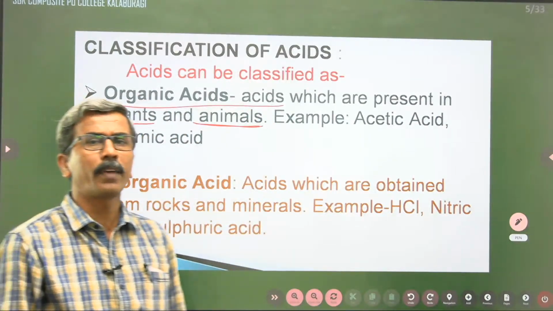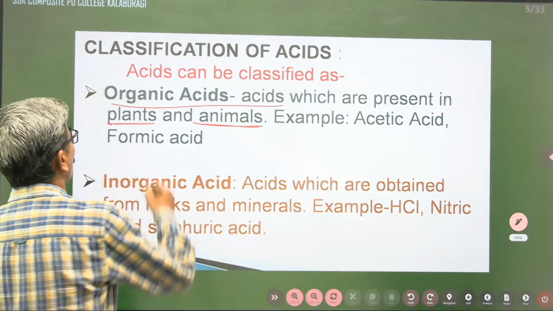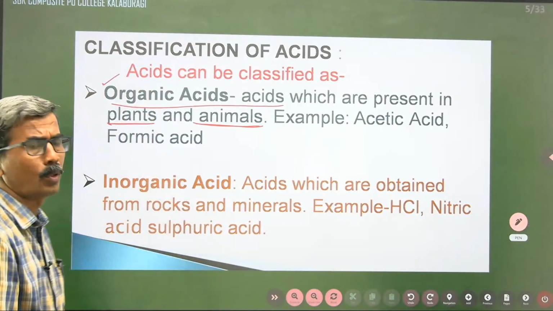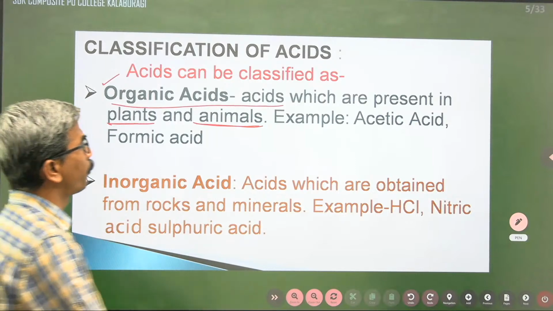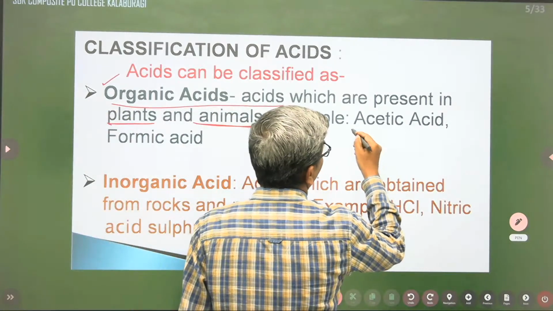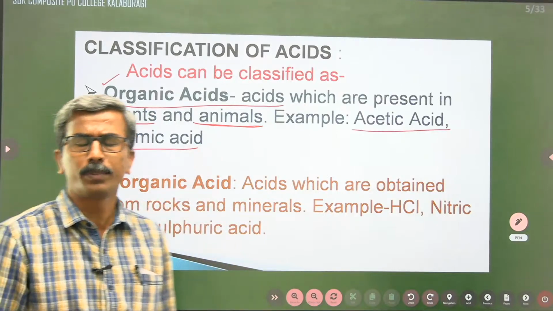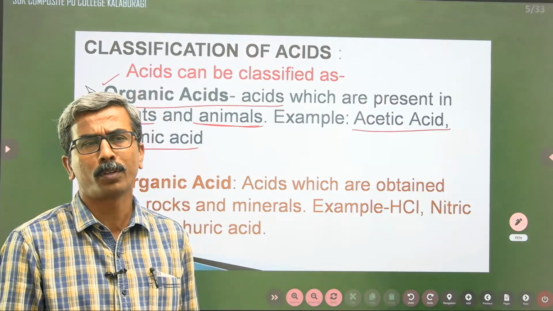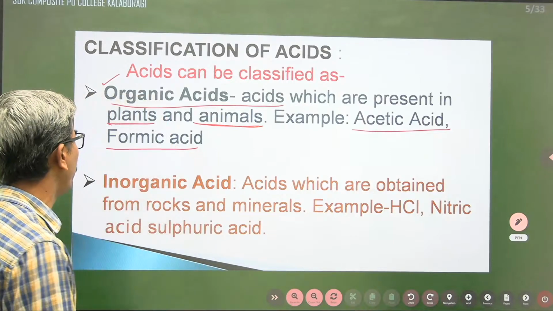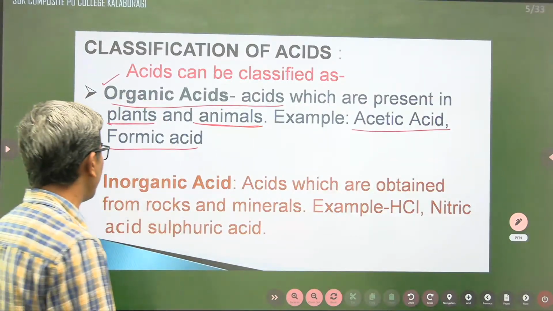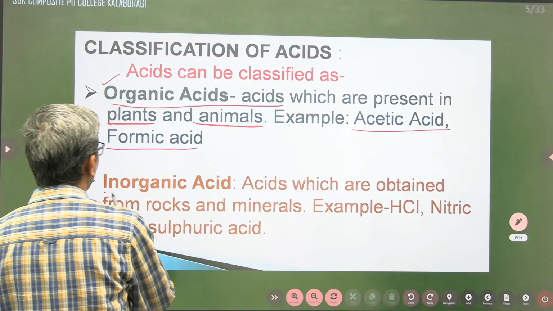Such acids we call organic acids. Examples are acetic acid and formic acid. The other type of acids we call inorganic acids.